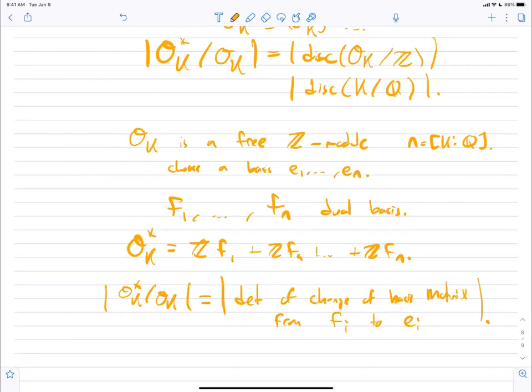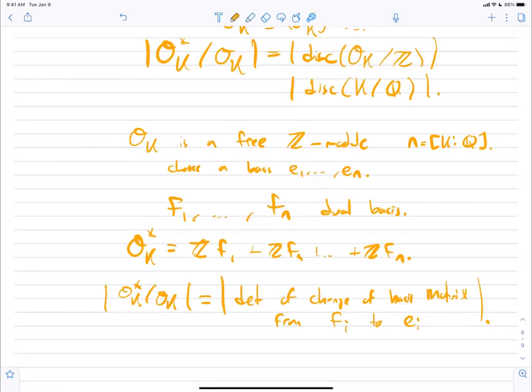So instead of taking this basis and the dual basis, you could take the adapted basis you get from the fundamental theorem of modules over a PID, and then this is a completely elementary computation. But we're just going to use this basis and its dual basis.